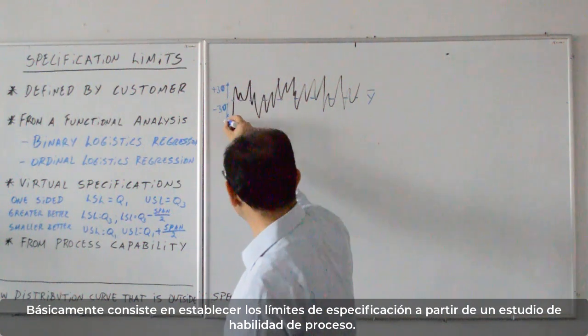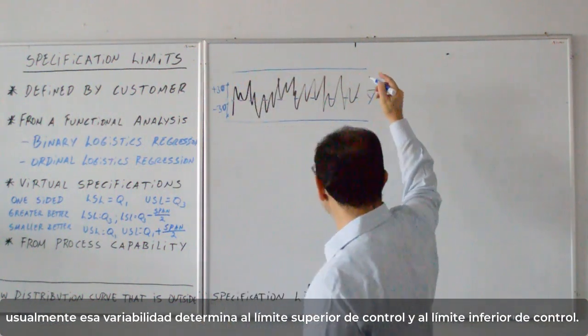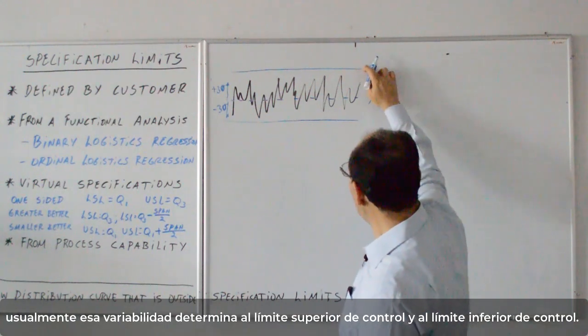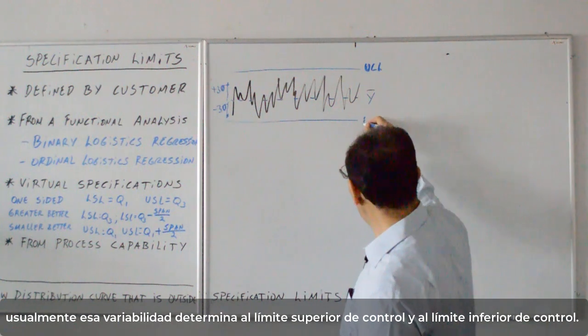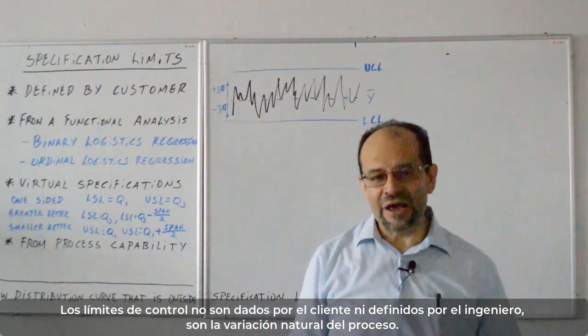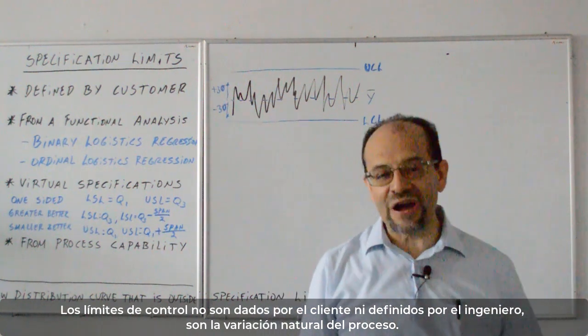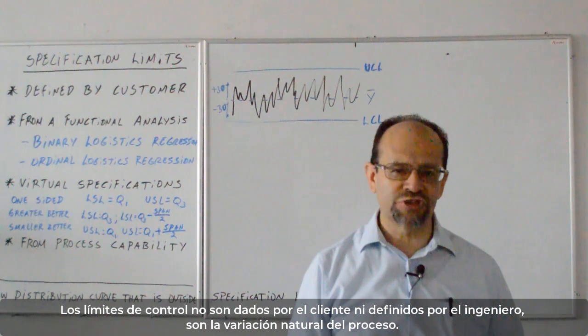Usually those limits are known as upper control limit and lower control limit. The control limits are not given by the customer, are not defined by the engineers, but they are the natural variation of the process.